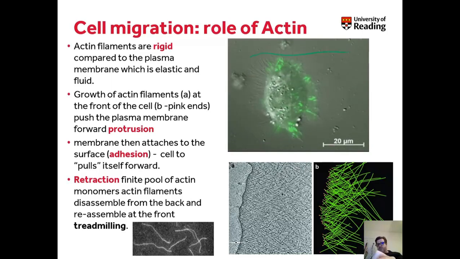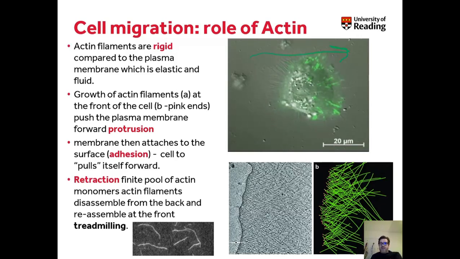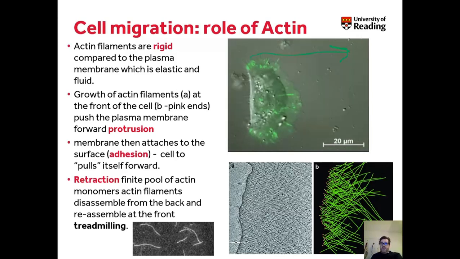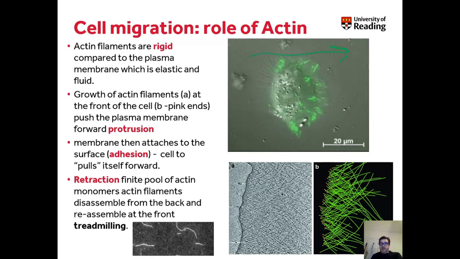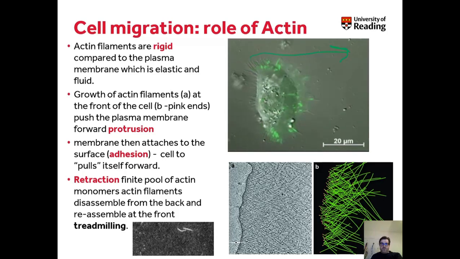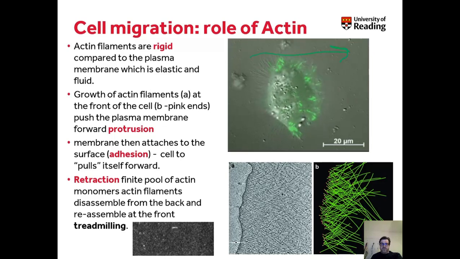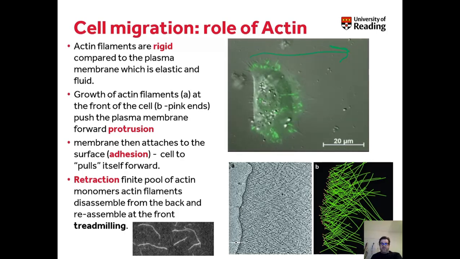And hopefully you can see on this video that the green color is the actin, and as that protrudes forward, the plasma membrane sort of follows, is pushed forward with it. The membrane is then attaching to the surface where we get adhesion and the cell is pulling forward.